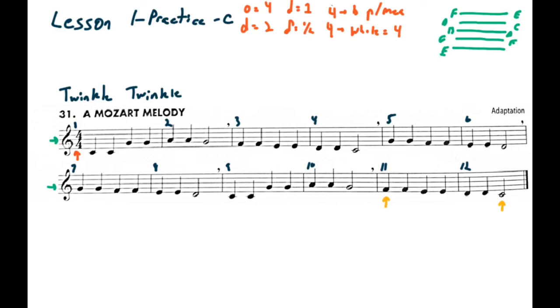Do we have any other unaccounted for symbols? Yes, we do. We have a breath mark. Now, this is a symbol that has two different meanings. For band players, it is a breath mark. You take a brief pause and take a breath. For orchestra, it's a bow lift. You lift your bow.